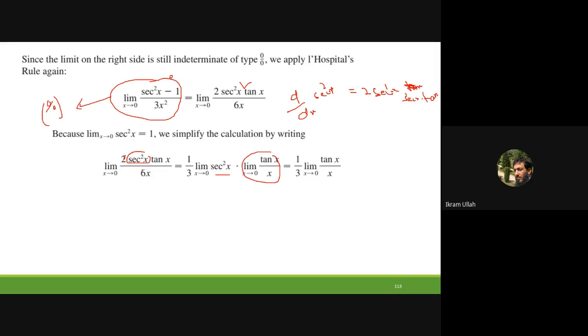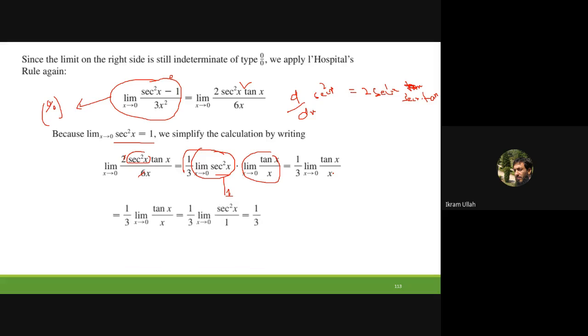The limit of secant as x approaches 0 is 1, because secant is 1 by cos and 1 by cos 0 is 1. So we get 1 times 1 by 3 times the limit as x approaches 0 of tangent x over x.